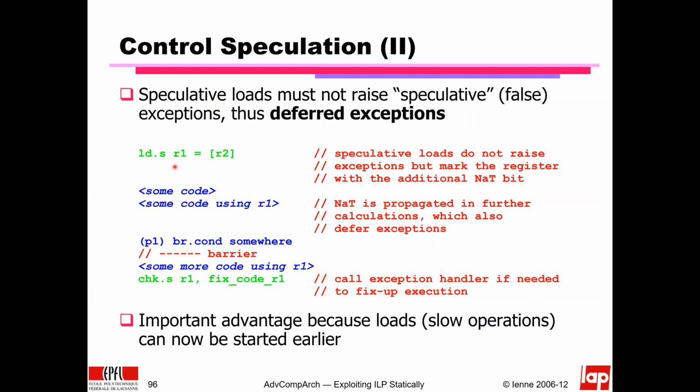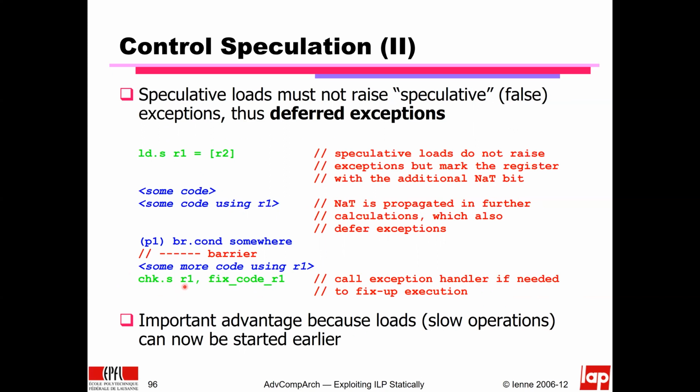And the idea is that then you can do whatever you want. You can use R1, maybe you make a mistake because R1 is wrong and so on, but you keep computing and you compute things that you think are safe until the place where you had the original load. And now you replace the original load, the load you have moved away, with a special instruction that goes and checks this bit of register R1 to see if it is set.